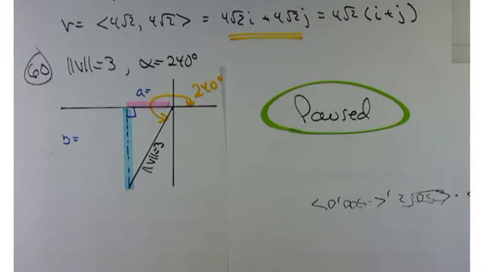So what's the sine of 240? Well, it'd be 4 pi over 3 if you're thinking about the angle in radians. Okay, good. Same thing with the cosine. Excellent.